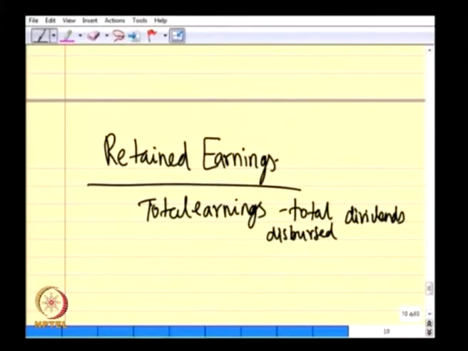Because in your balance sheet the retained earnings will be one number. It is the difference between the total earnings of the entity from the time of its inception to the balance sheet date and the total amount paid as dividends out of the earnings right from the time of its inception up to the balance sheet date.